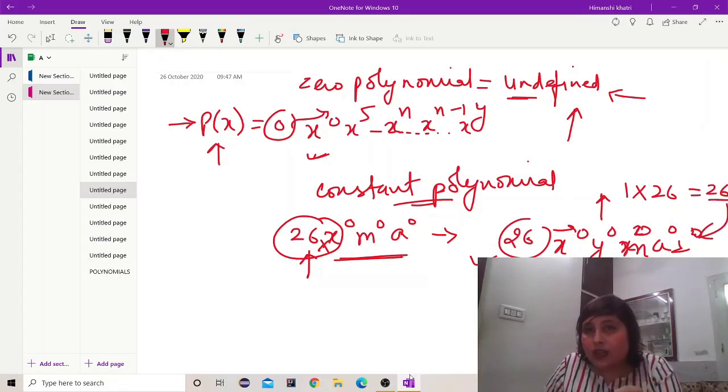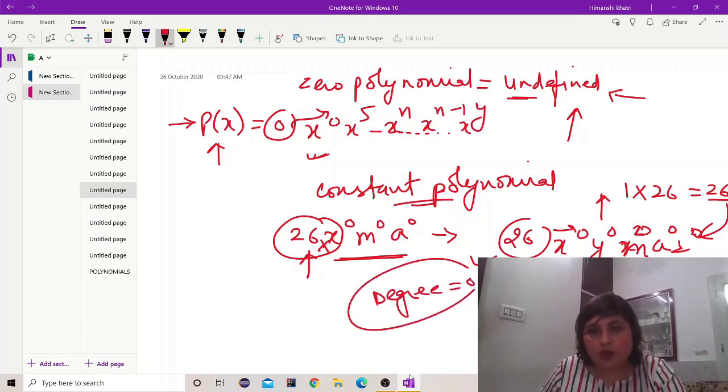Now can you find the number of variables in this expression? There are no variables, because each variable has power 0, which means it does not exist. Hence in a constant polynomial we do not have any variable, so the degree of that polynomial becomes 0, because we have 0 variables. Hence the degree of a constant polynomial is 0.